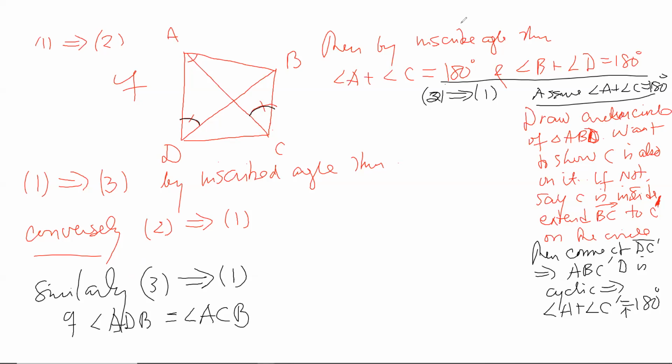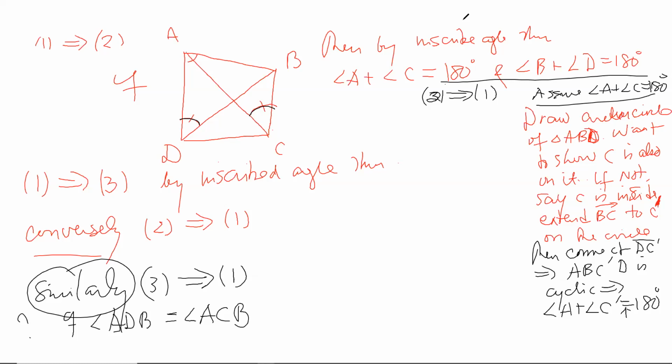Yes. So I just proved 2 implies 1. But I said similarly, you can prove 3 implies 1. What does similarly mean? You can use a similar way based on how we prove 2 implies 1. What is a similar way? You could also draw another point.